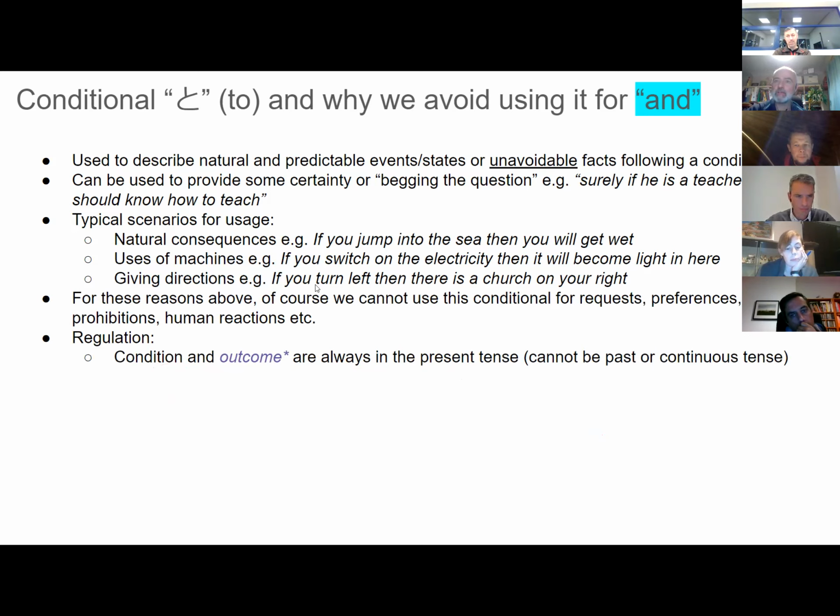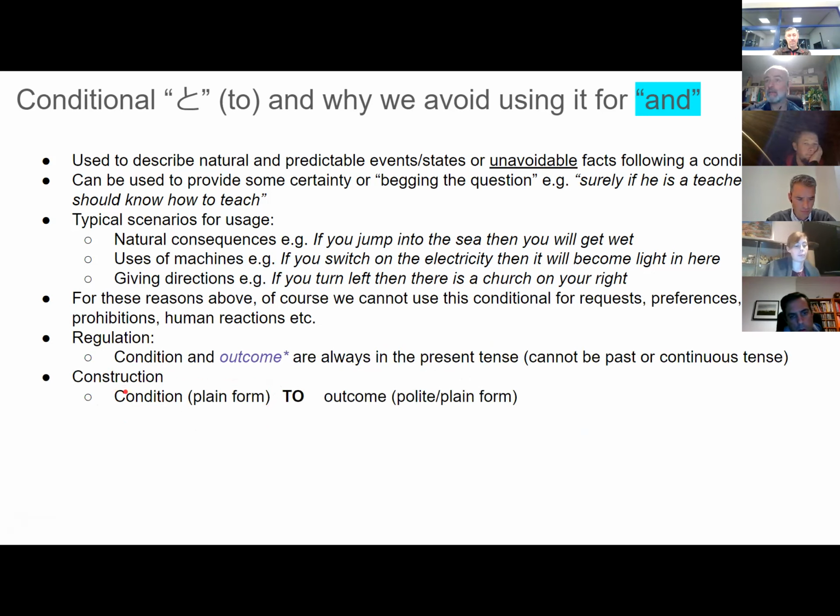So it can't be a past or continuous tense. The construction is, the condition is put into the plain form, whether this is a verb or an adjective, then to, and then the outcome can be in either the polite form, the masu form, or the plain form. But this will always be in the future tense.